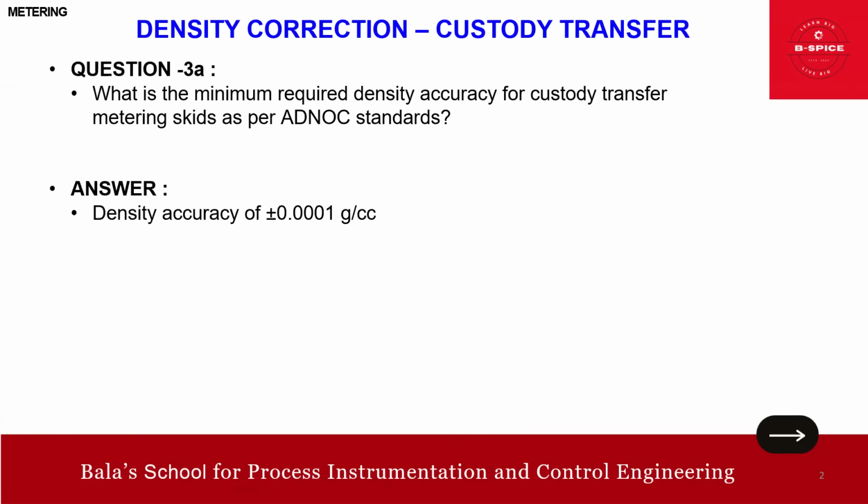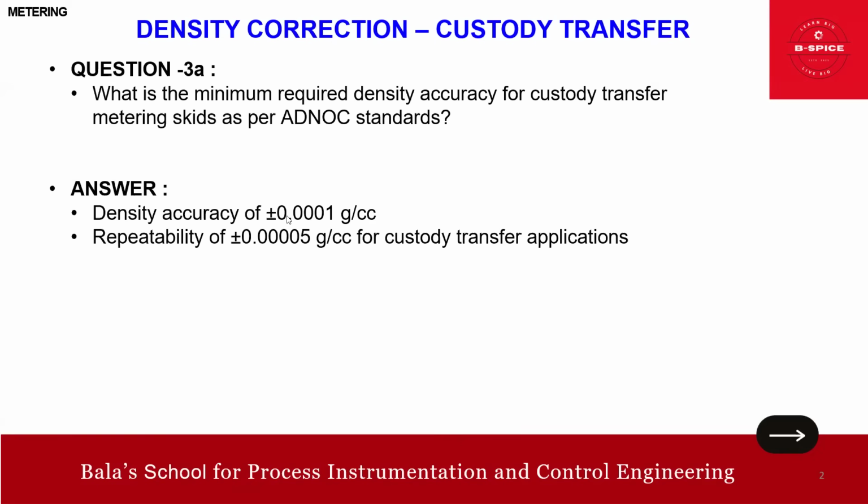And repeatability of 0.0005 grams per cubic centimeter for custody transfer application. So you got it, friends. One more point I want to inform you: these values are consistent with the performance of high precision instruments like the Micro Motion compact density meter, which are widely used in ADNOC.